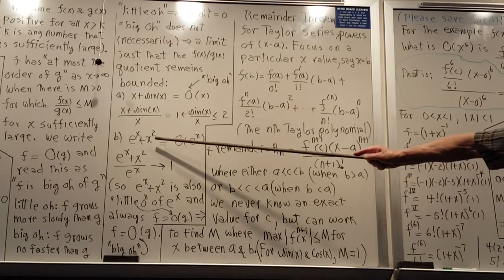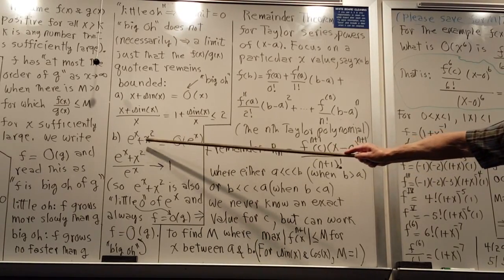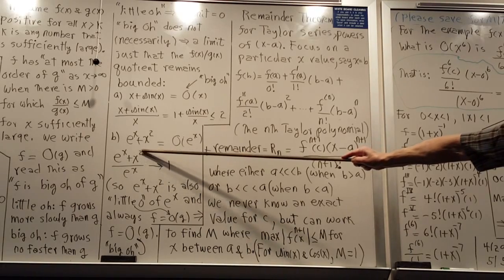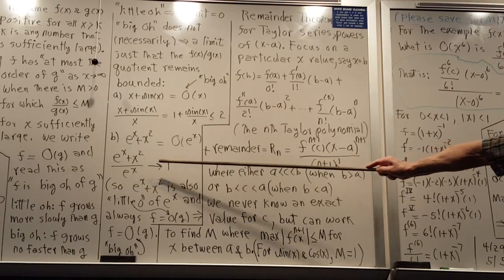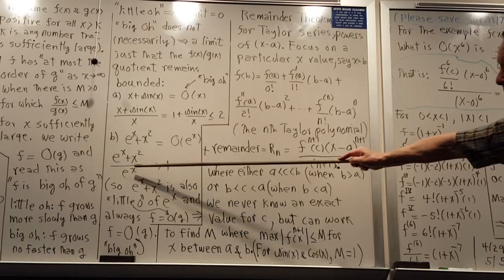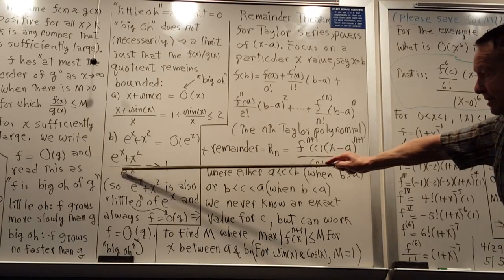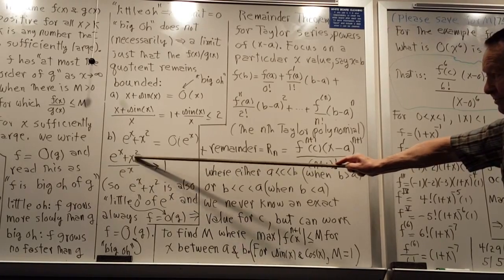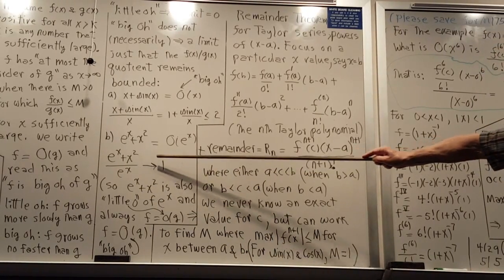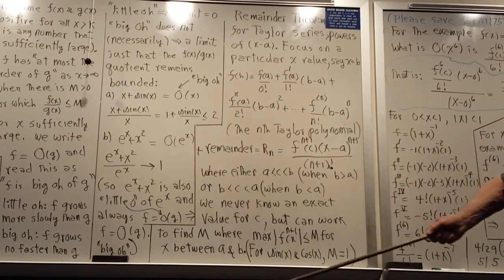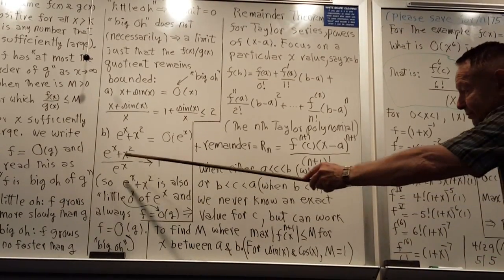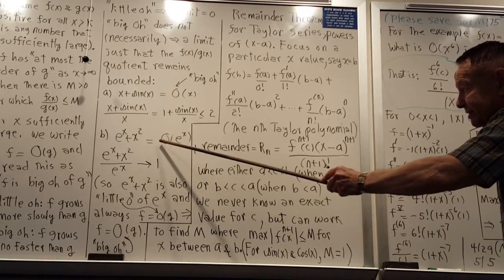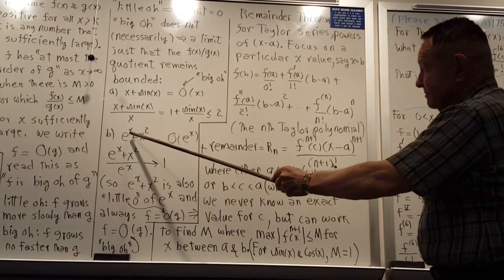And if you have a thing like this, e to the x plus x squared is big O of e to the x. Again, if you set up your quotient, if you actually do your limit, you see you're going to have 1 plus the limit of x squared over e to the x, which is 0. So this one actually approaches a limit, which is 1, but which is to say that this is also little o.